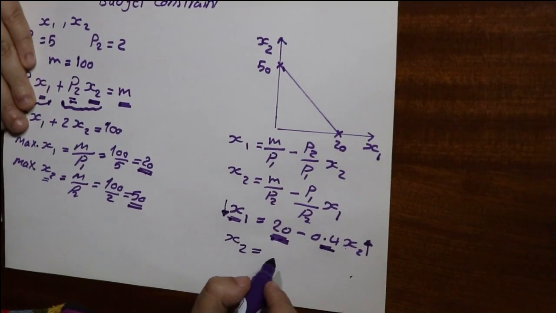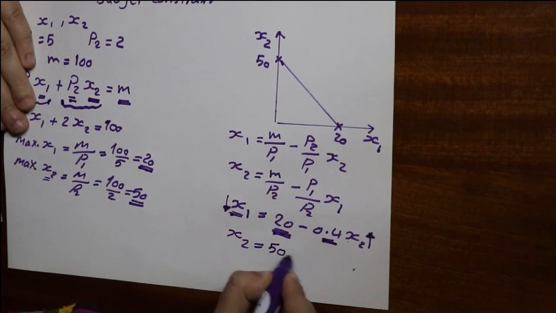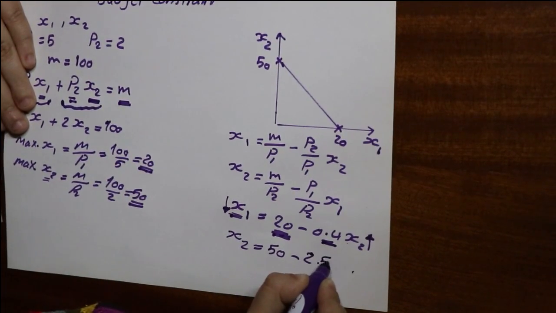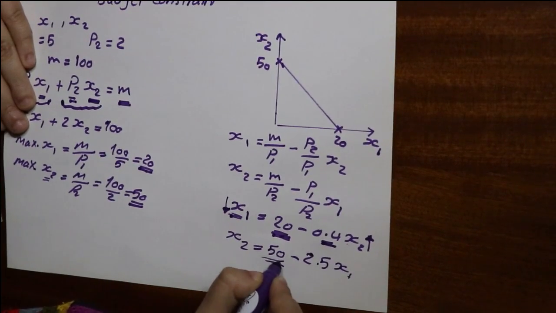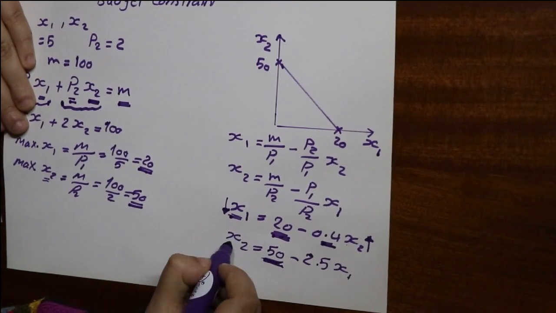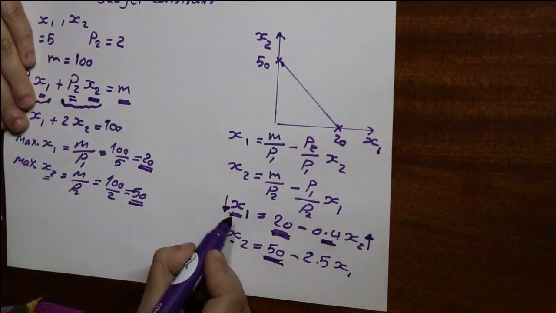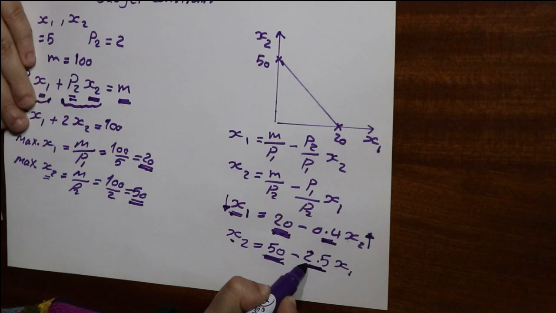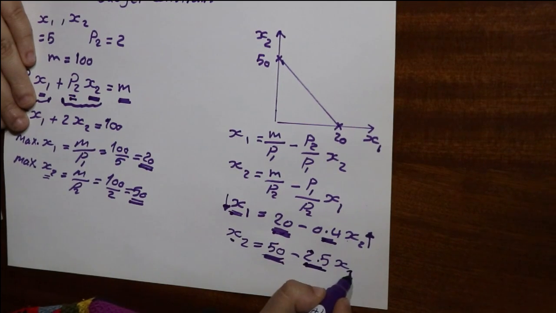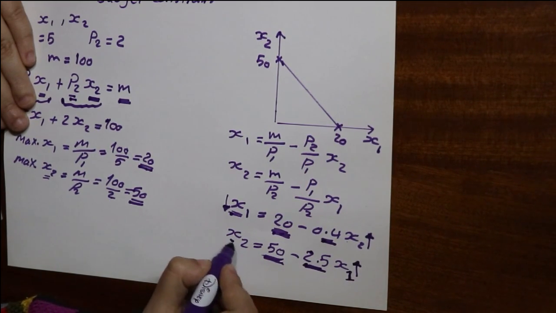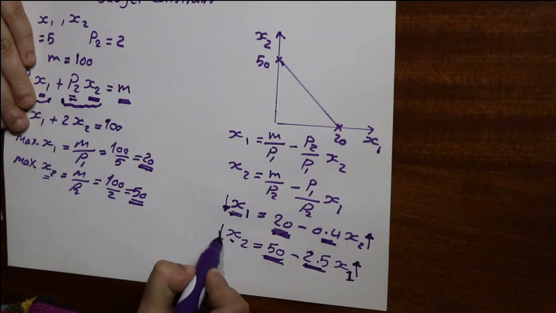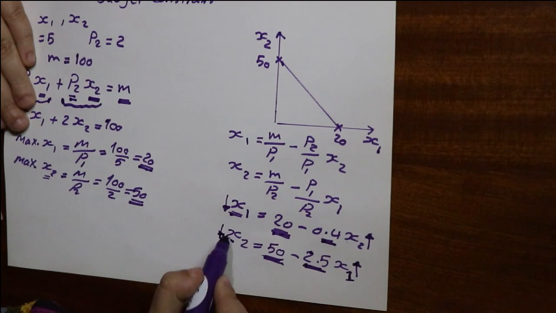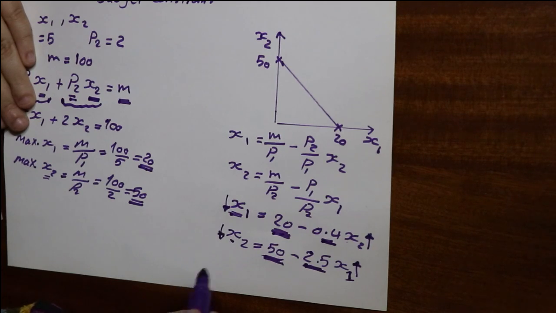I will get x2 equals 50 minus 2.5 x1. 50 is the intercept, if I spend all of my money on x2 and spend nothing on x1. 2.5 is the slope, which means if I increase the units consumed of x1 by 1 unit, I will decrease the units of x2 by 2.5.